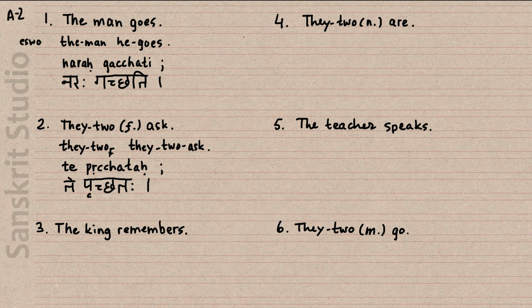Okay, number 3. The king remembers. So we are grouping our noun and article here, the king, and we are clarifying the verb. He remembers. And so we just now have to know the word nripaha in nominative singular, and he remembers.